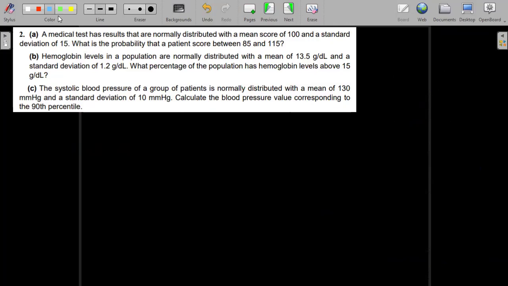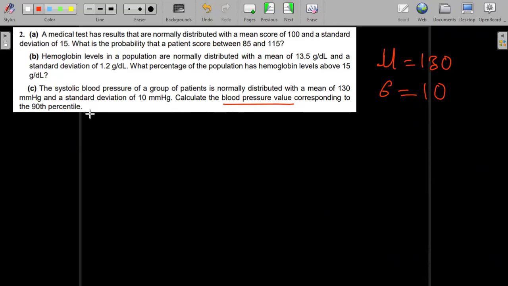Okay, so C, they're saying the systolic blood pressure of a group of patients is normally distributed with a mean of 130 and a standard deviation of 10. Calculate the blood pressure value corresponding to the 90th percentile. So here, we're not finding the probability, but we are finding the X value.